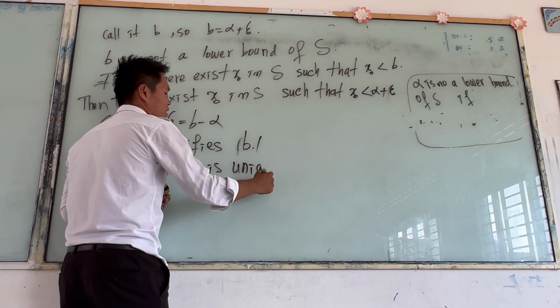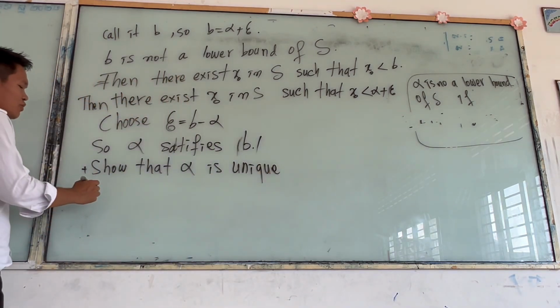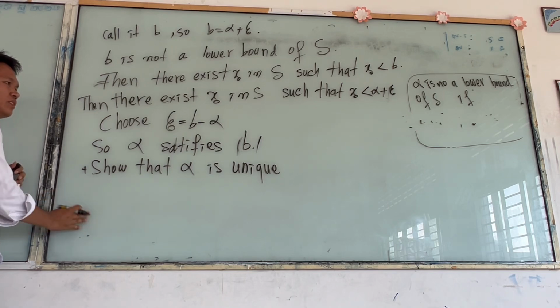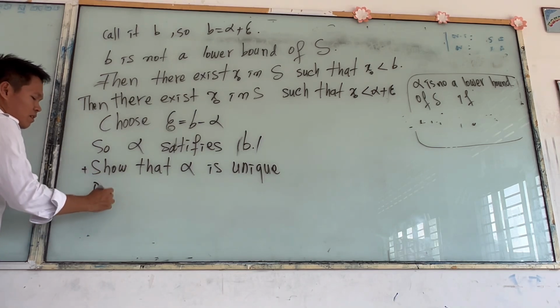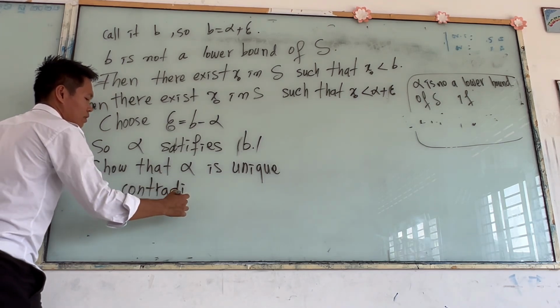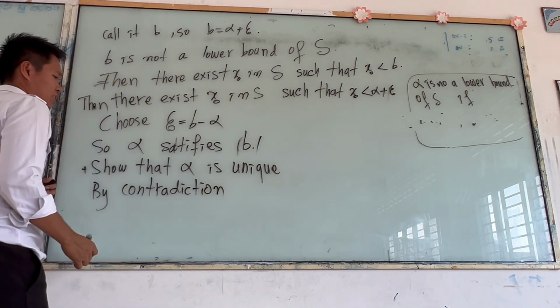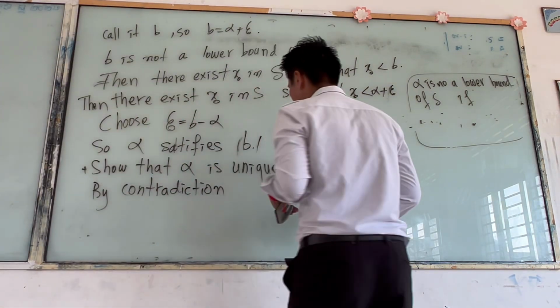Yeah, show that alpha is unique by contradiction. Suppose that we have two alpha.